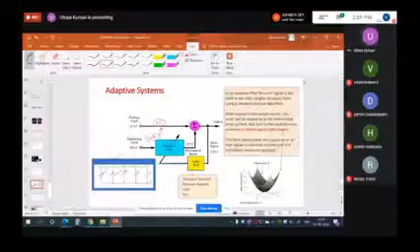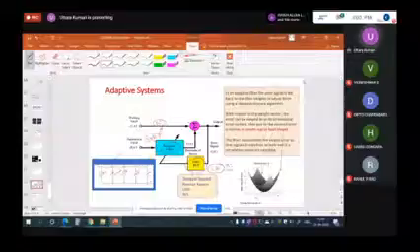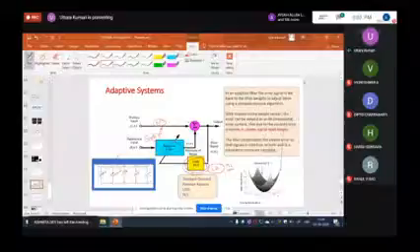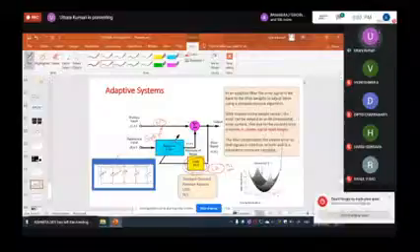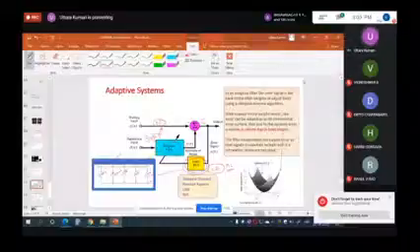This is the learning algorithm, some of the algorithms which you are going to study in machine learning. Using some of these learning algorithms, the algorithm updates the weights in such a way that the error you are getting at this point is minimized.